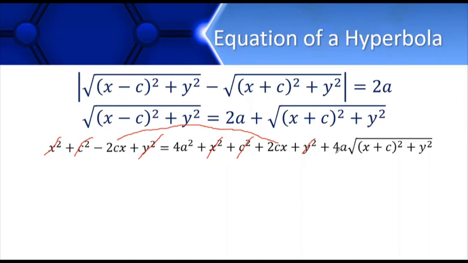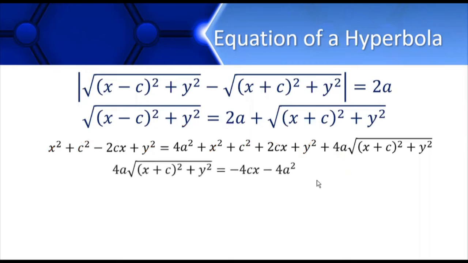Then ito, pwede natin itong dalhin sa left hand, no? Sa left hand. Okay? Tingnan natin yung magiging new result. Ayan, okay? So, dinala natin itong 4a. Isang term yan sa left hand.